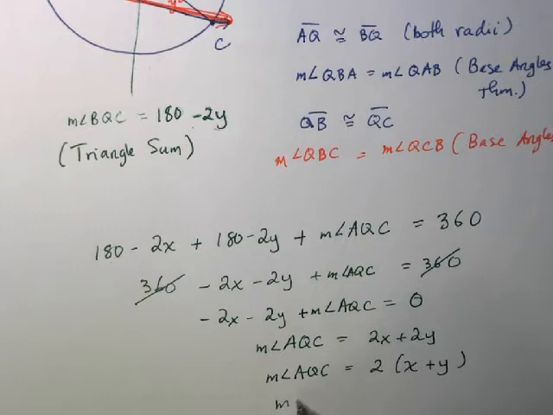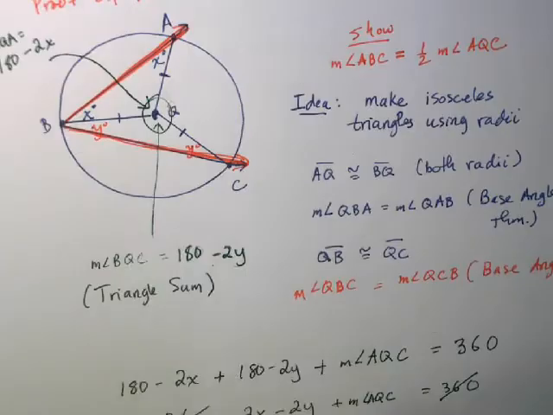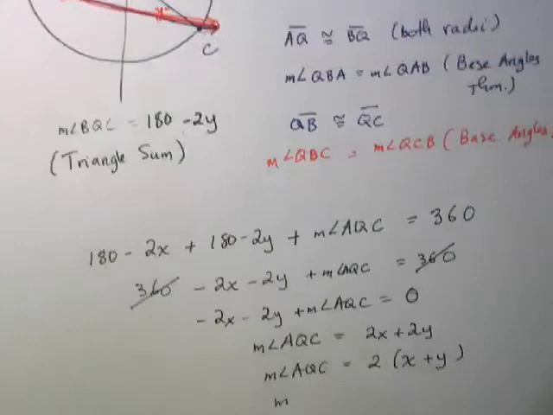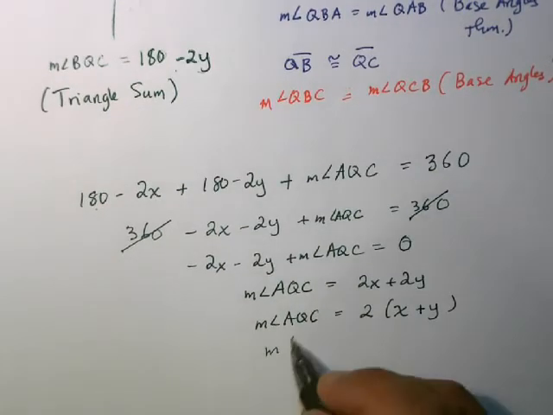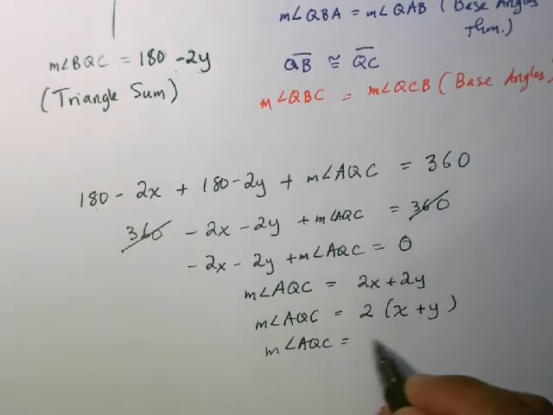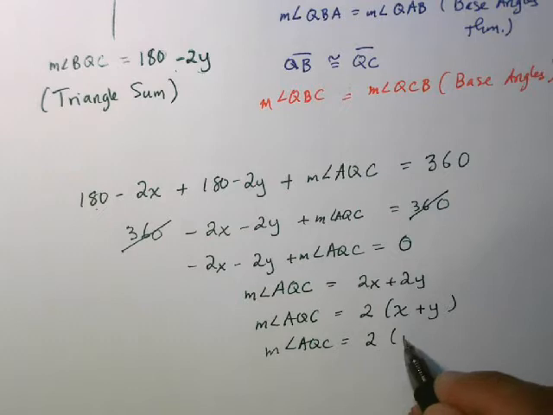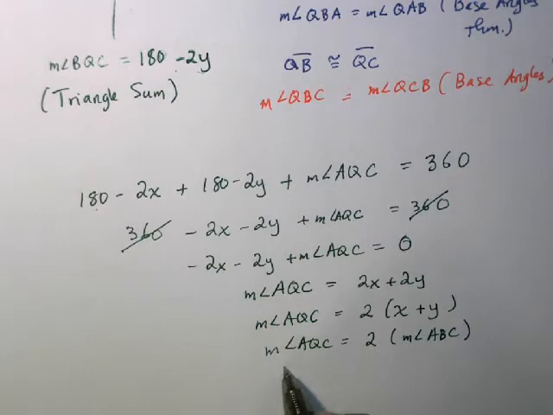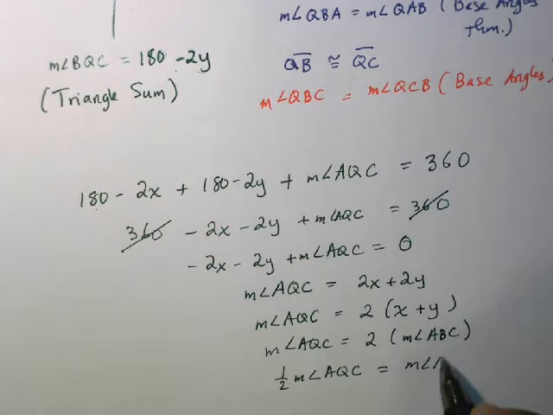And this is the distributive property here. But wait a minute, x plus y is equal to the measure of ABC. So we do a little bit of substitution. And that completes the proof. Well, you can go one step further if you'd like and multiply both sides by 1/2. And we have the exact form that we're looking for.